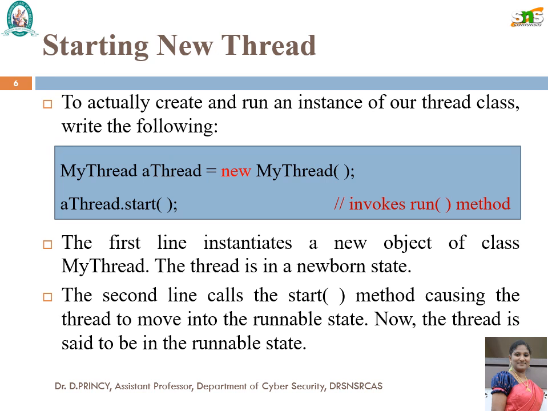After creating an object, using that object we can call the start method. This statement invokes the run method automatically. aThread is an object of the class MyThread, and aThread.start automatically invokes the run method.